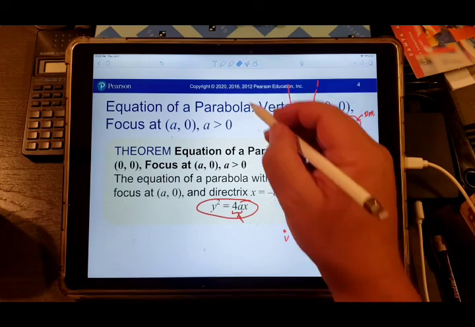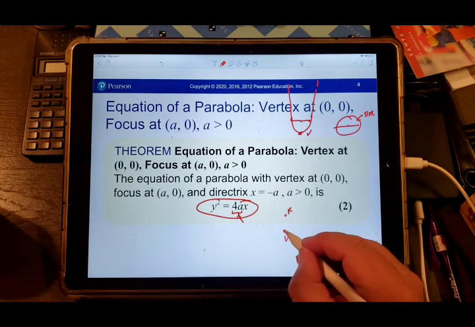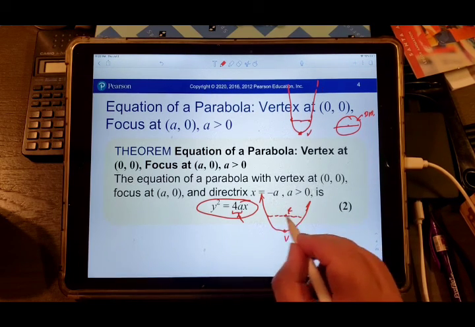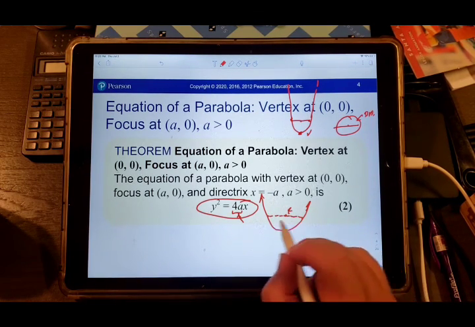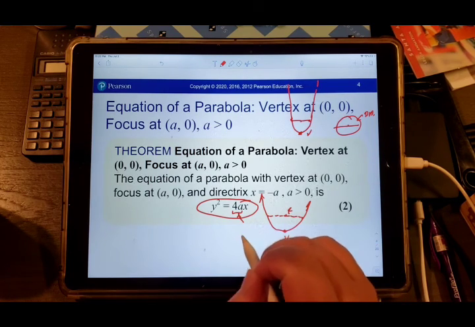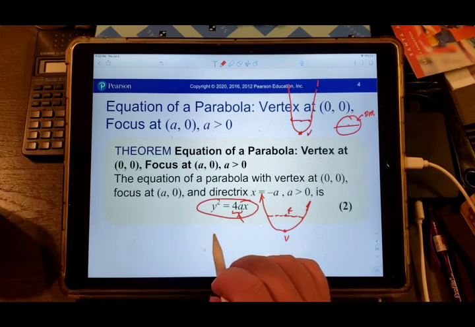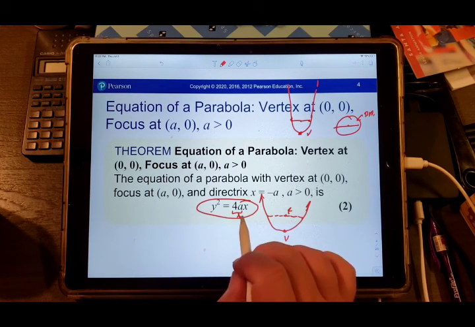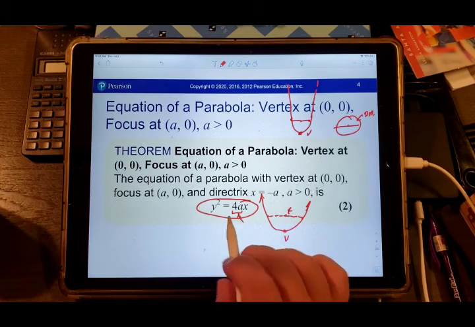Focus might be right about there. And we measure how wide it is here. All right. So there's a reason why when they talk about a parabola, they write it this way.